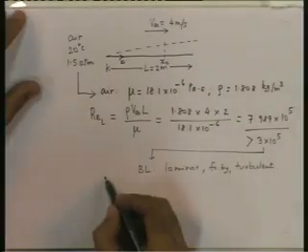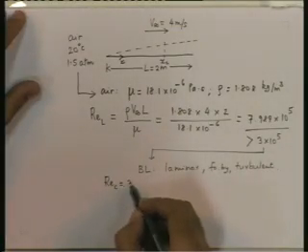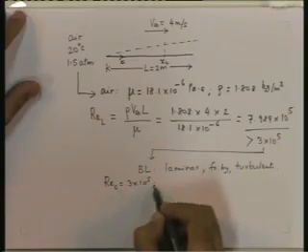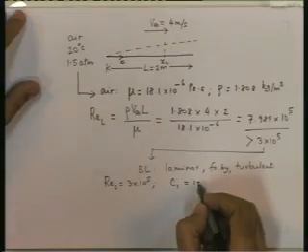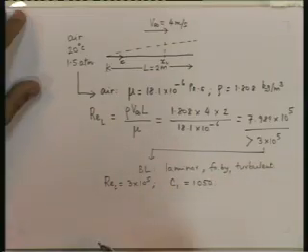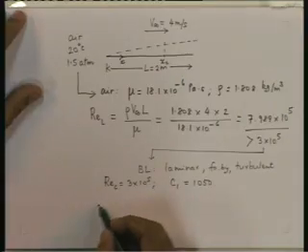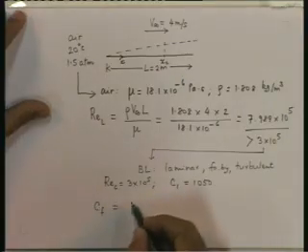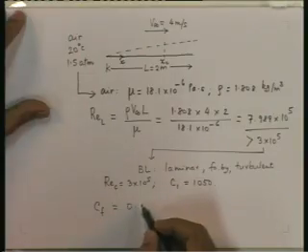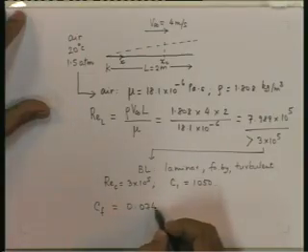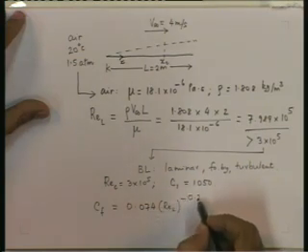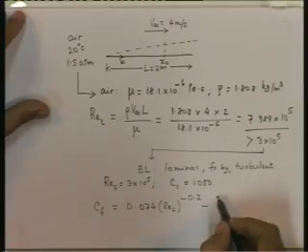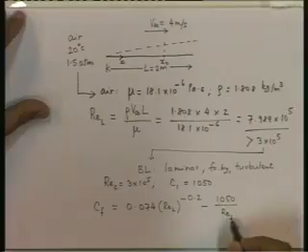Assuming that the critical Reynolds number is 3 into 10 raised to 5, in our correlation C1 will be 1050. So the relation to be used is CF equal to 0.074 REL raised to minus 0.2 minus 1050 divided by REL.